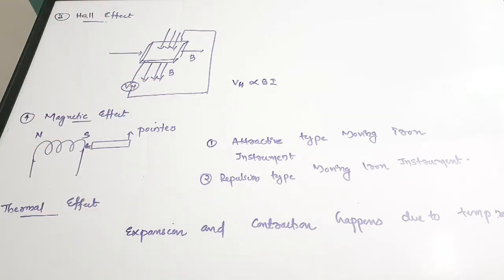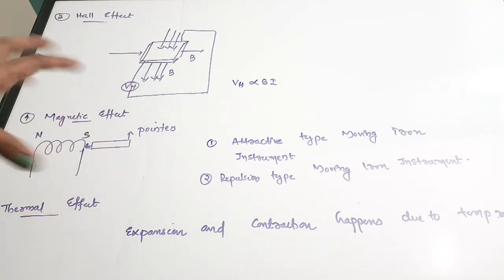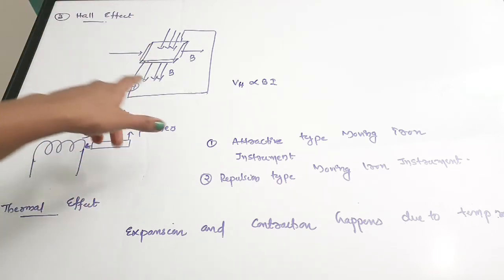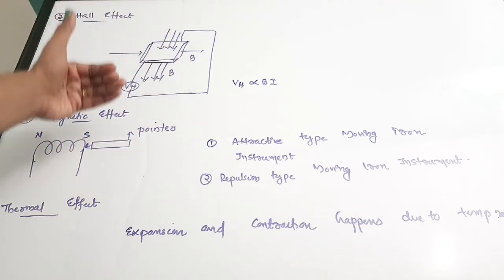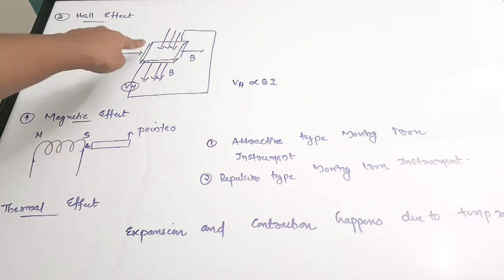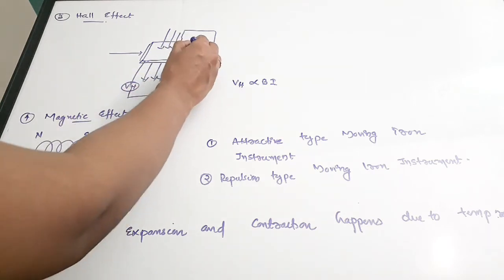What happens here is that some Hall voltage is generated when a conductor is placed in a magnetic field. This B is indicating the magnetic field, and the magnetic field is perpendicular to the plane of the conductor. This is the plane of the conductor, and this is I.